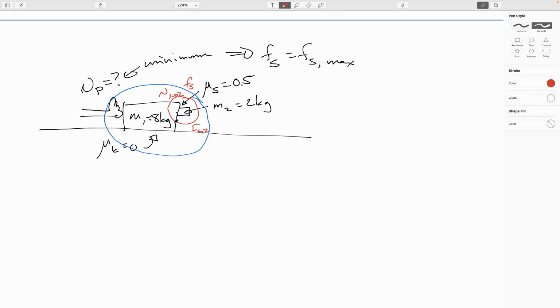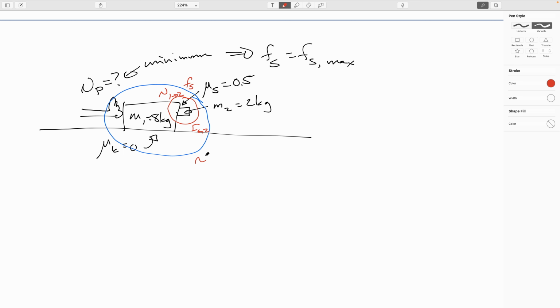Now, if I had made the 8 kilogram block my system, I would then also have to account for a normal force of 2 on 1 and deal with the fact that they are a third law pair. And I invite you to do the analysis that way to see that you get the same result. But we go ahead and look here.